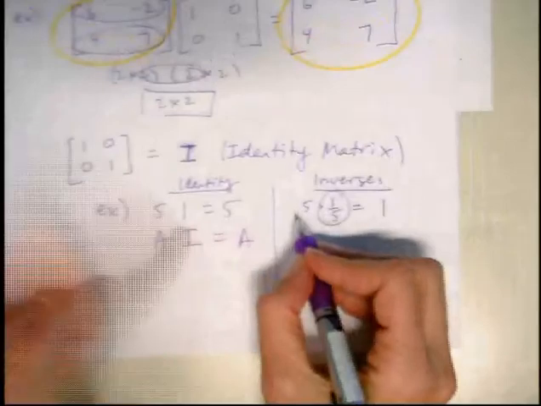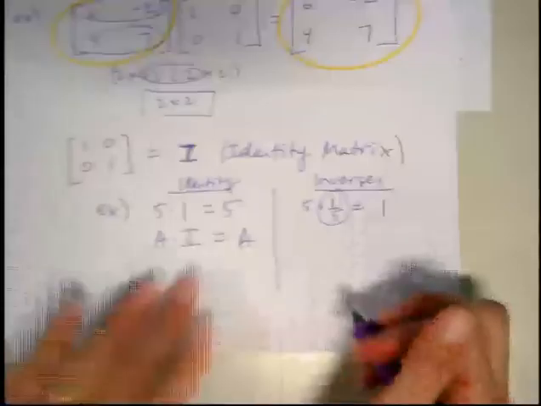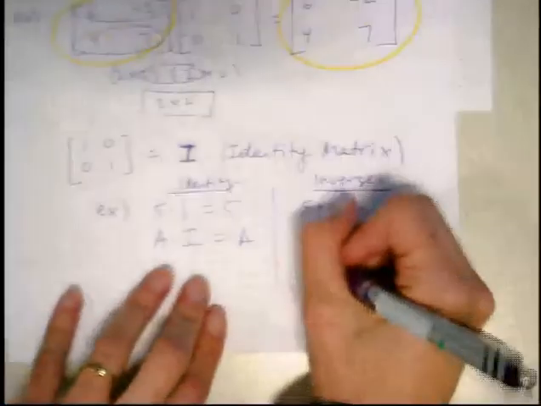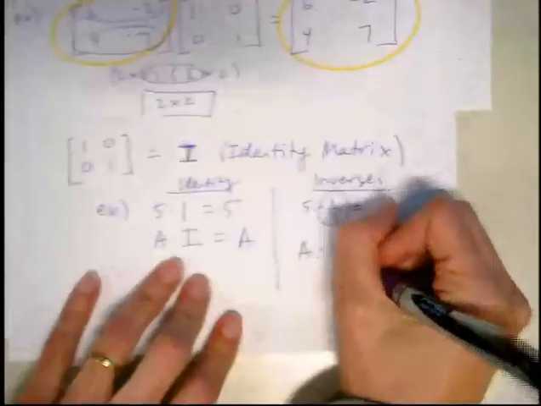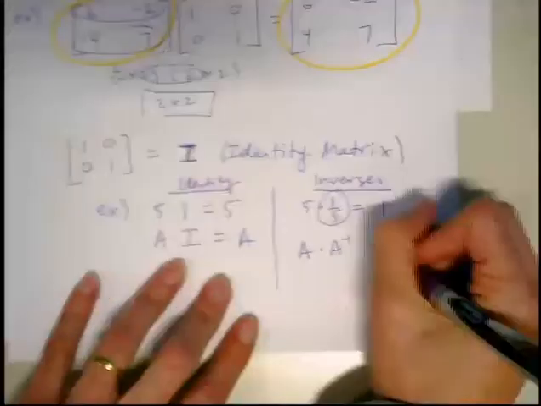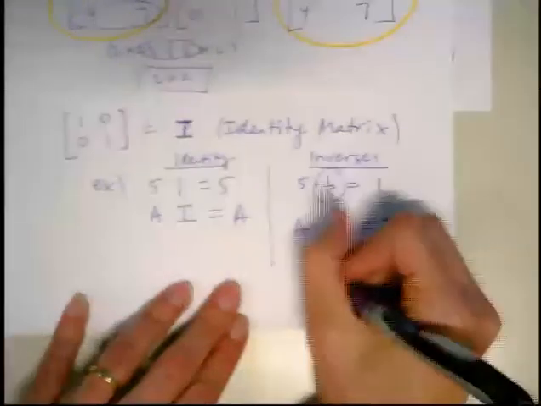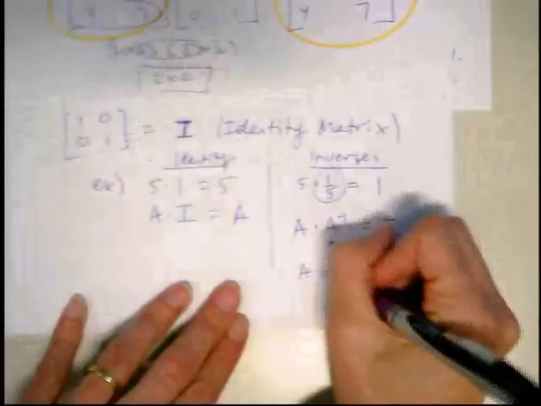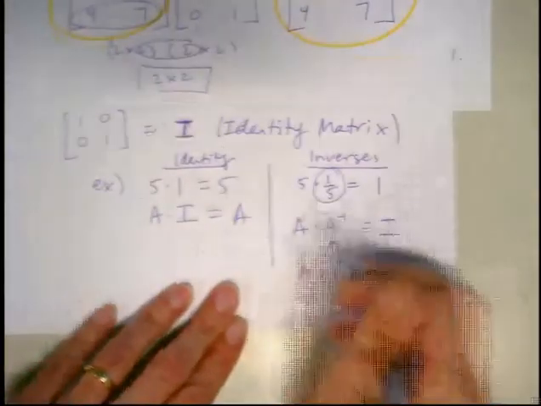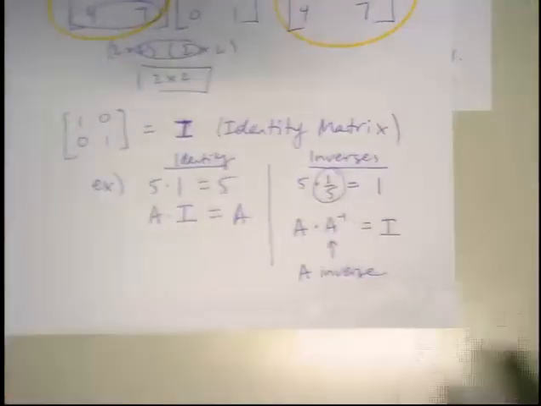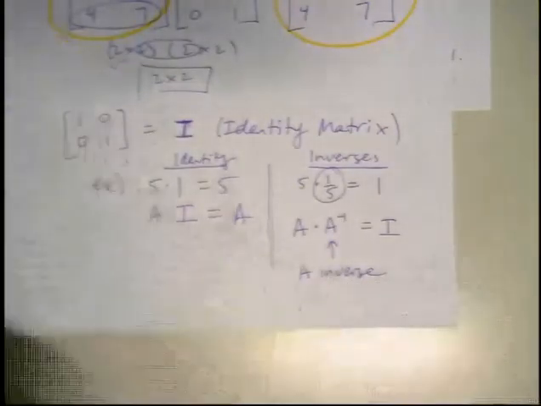So 1/5 would be the inverse of 5. You could say 5 is the inverse of 1/5. Matrix A also has an inverse. And that inverse, I'm just going to call it A inverse for now, would be the matrix that gets me back to the identity. So this is just notation for A inverse. The matrix that I can multiply to get back to matrix I.